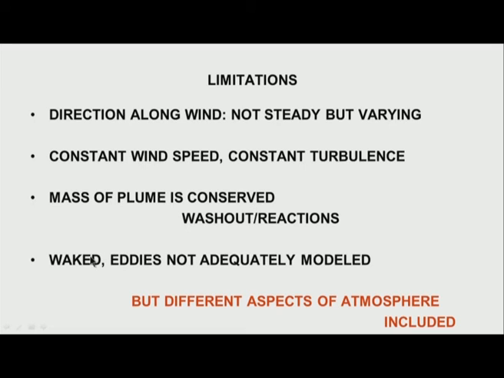In addition, even though we talk in terms of dispersion coefficients for, let us say, urban surroundings and rural surroundings, well, the wakes, it should have been wakes, eddies are not adequately modeled. Therefore, you do have a host of limitations, but we must remember the different aspects of atmosphere are included in this particular study on atmospheric dispersion.